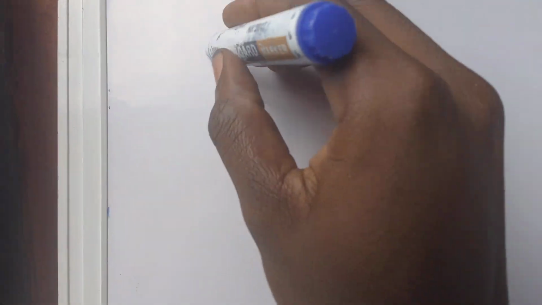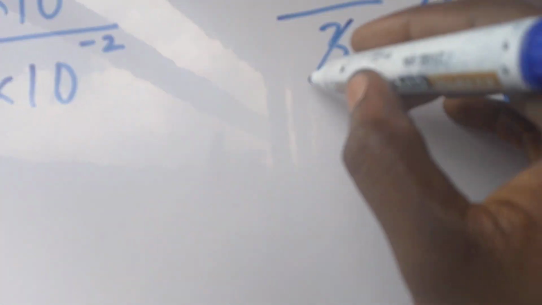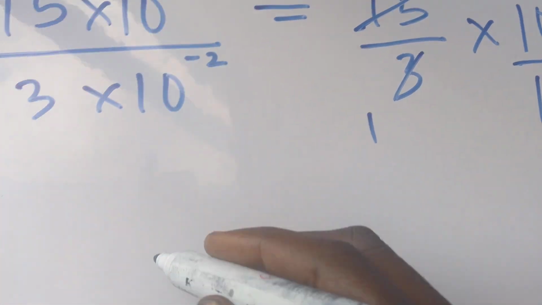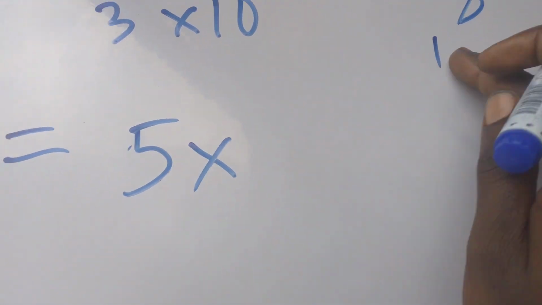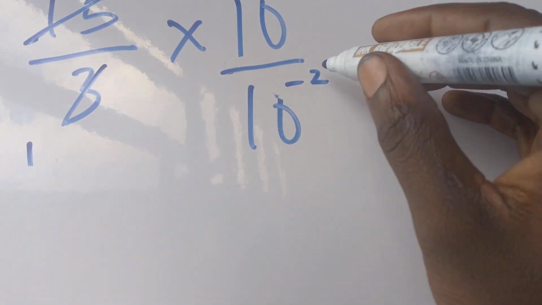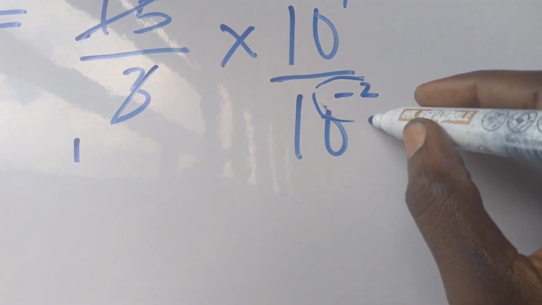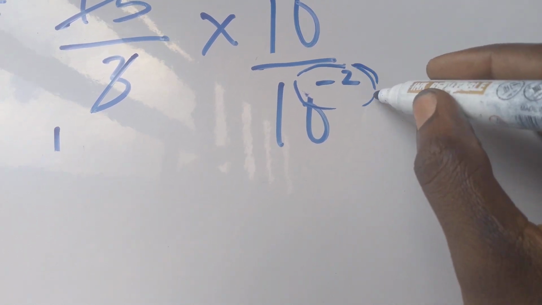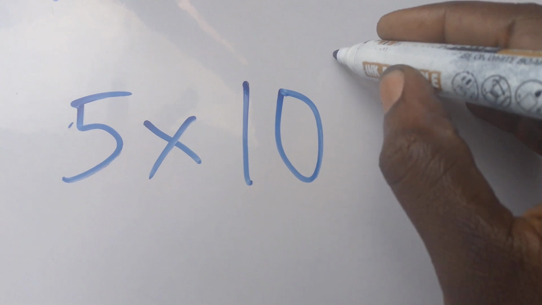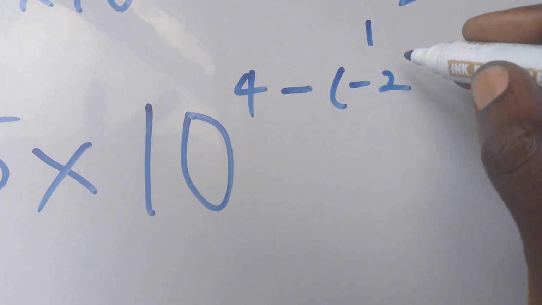That will give us, you know that 3 going to 3 is 1, and 3 going to 15 is 5. Alright, so this is 5 times, I'll subtract the whole of minus 2 from 4. So this is times 10 raised to the power 4 minus 2.